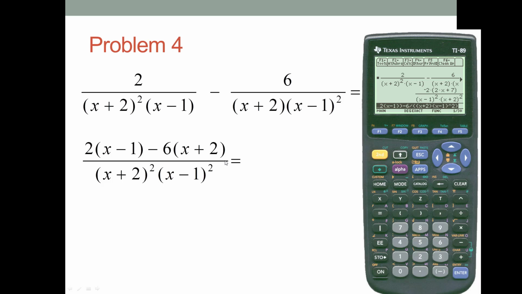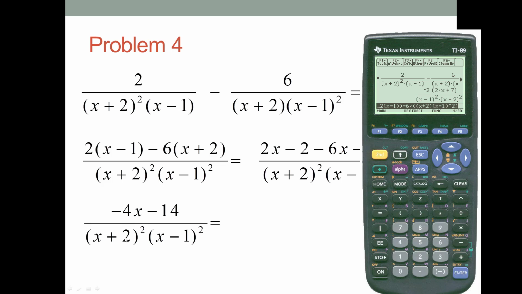Those are the steps that we went through in the last video, but the focus here is on the calculator, though I wanted you to see them anyway. And there we have that. We ended up with this, and then the last step was to factor a negative 2 out of there.